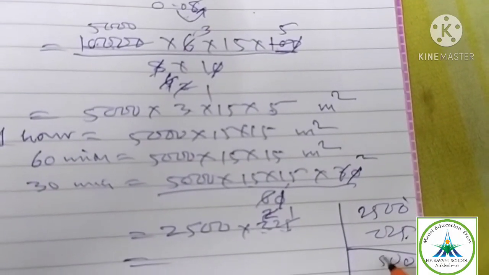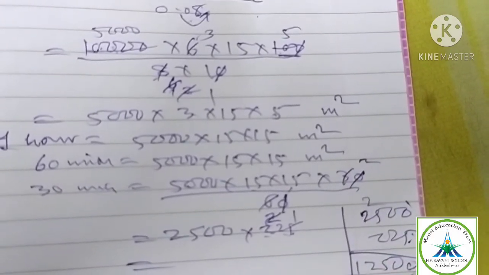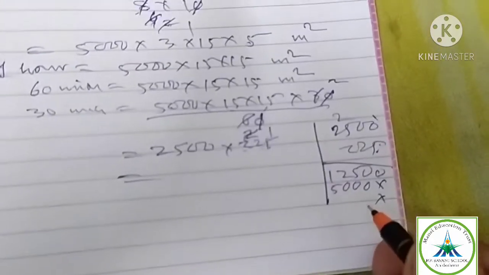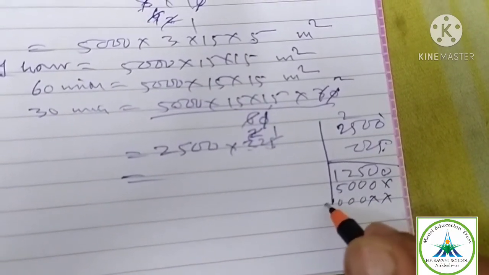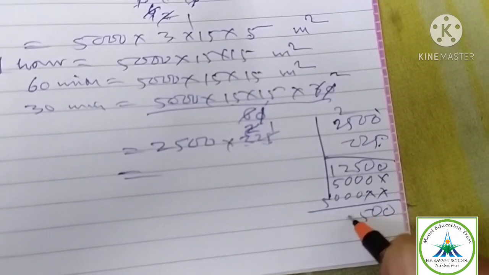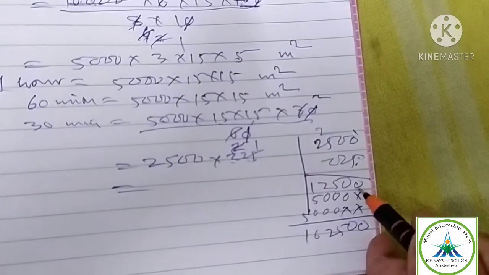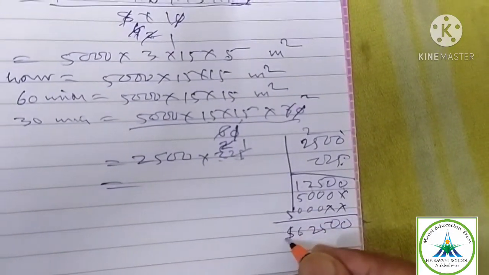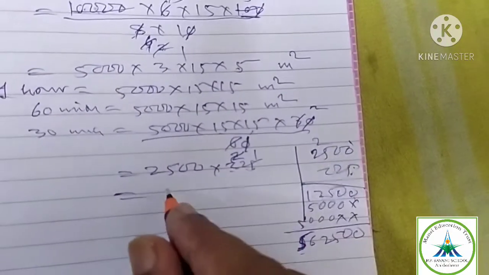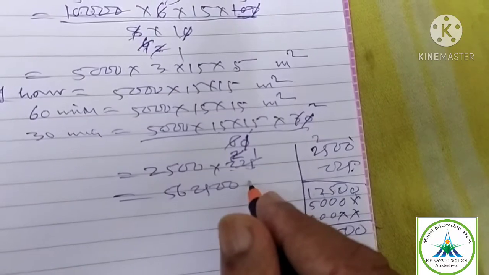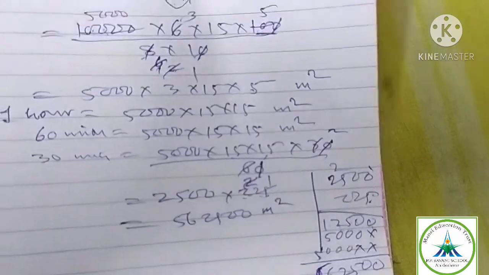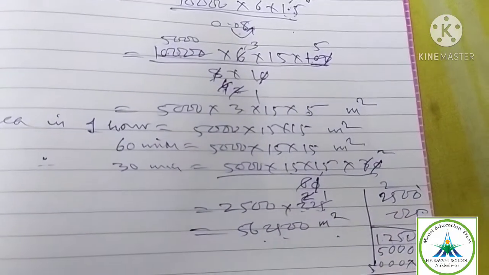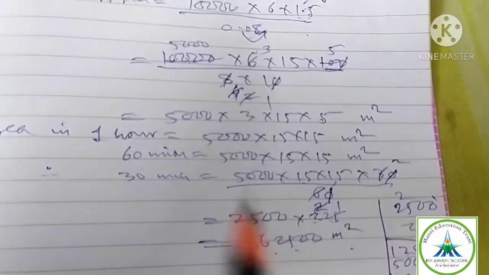So we got 562,500 square meter. 5,62,500 square meter area is spread in 30 minutes. Got it? Please check properly and multiply.